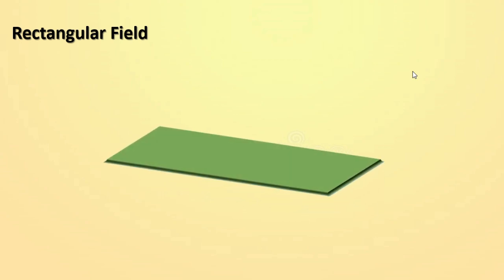Here is a rectangular field. See this? A fence of a single wire has to be put around a rectangular field. Okay? We have to find out the length of the wire needed. See dear children, here we know that for the perimeter of this rectangular field we have to count and add all the four sides.